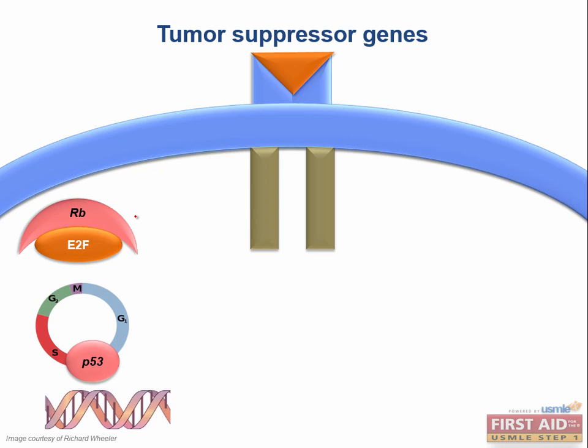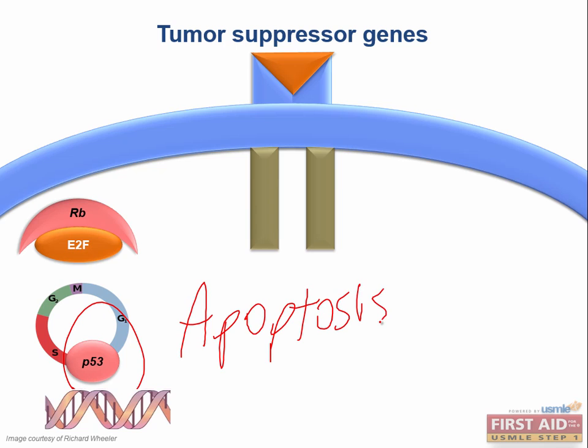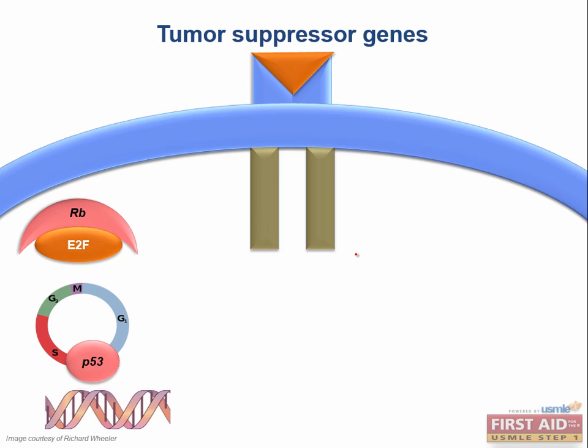Otherwise, if it's unable to repair all the mutations, P53 will induce, well, what kills a cell? When does the cell kill itself? Apoptosis. Through activation of caspase enzymes and cytochrome C from the mitochondria, you have apoptosis taking place.